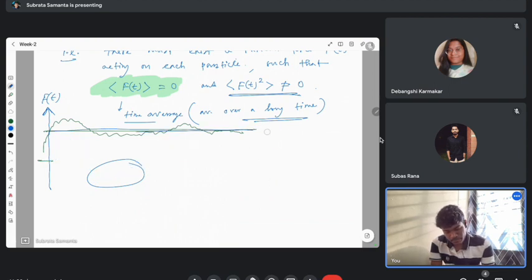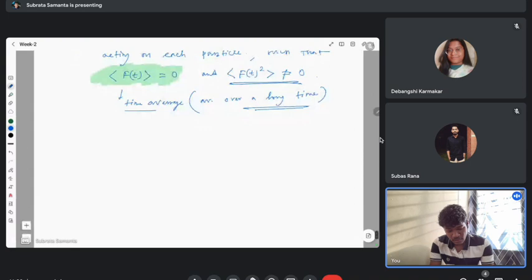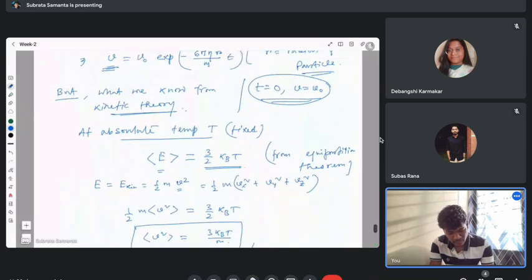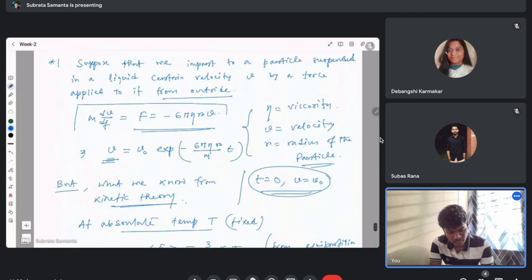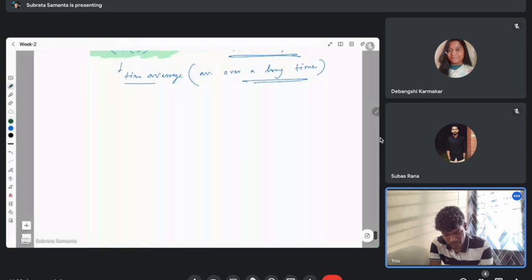So therefore, this equation becomes modified due to this random force. This is not the case anymore.